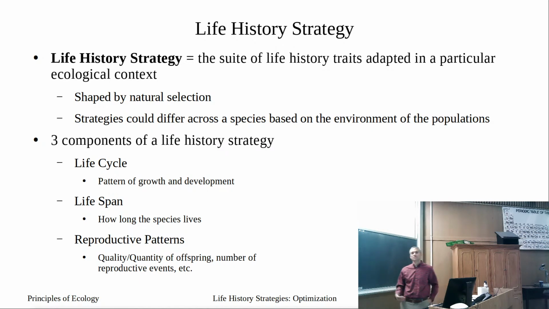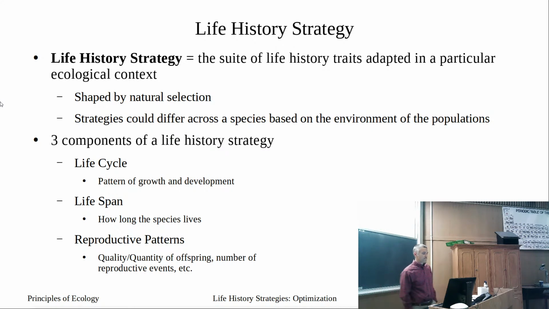No, that's not the case. Our strategies are shaped by natural selection, and the forces of selection are determined by the habitats that we live in, our environment. So life history strategies can differ across a species because our species lives in different environments.